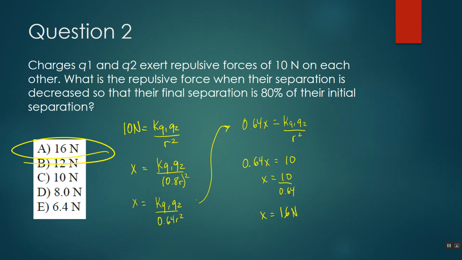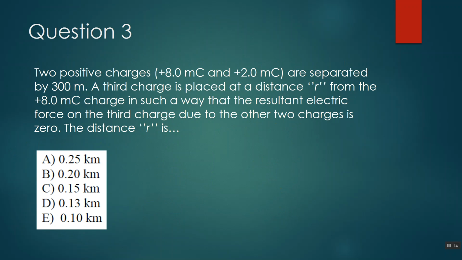So two charges are separated by a distance of 300 meters, and there's a space in between these two that's going to be, if you put a charge there, and you don't know what the charge is, the total force is going to be 0. So let's draw a little drawing.